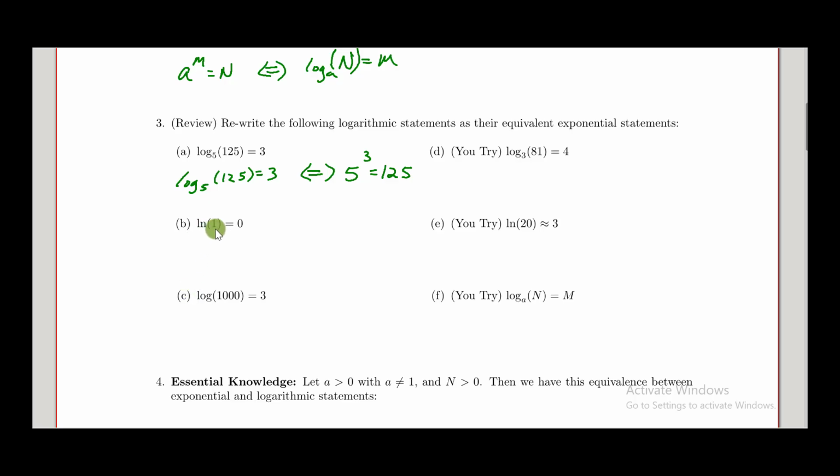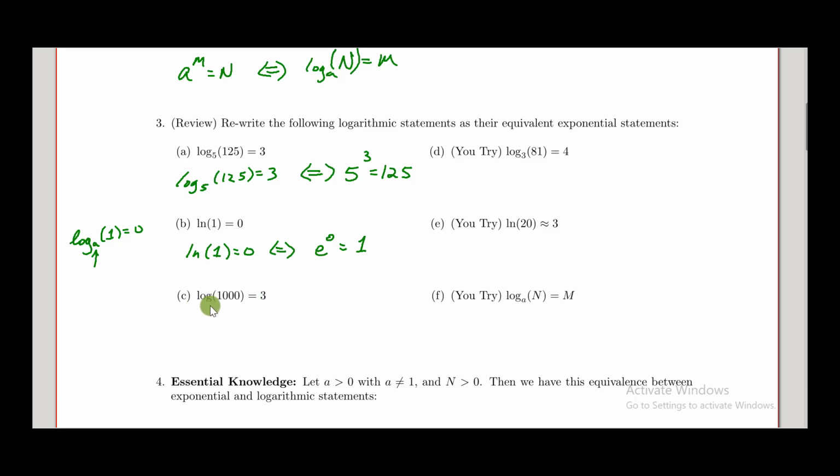Here we have the natural log of 1 is equal to 0. In fact, by the way, the log base anything of 1 is equal to 0. That's true for any base. That's always true. And that's related to this exponential fact that e to the 0, or in fact any base to the 0th power, is equal to 1.